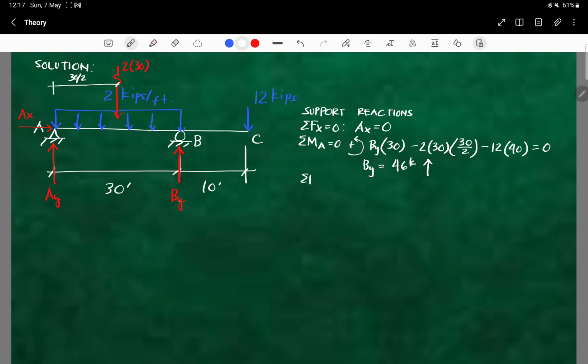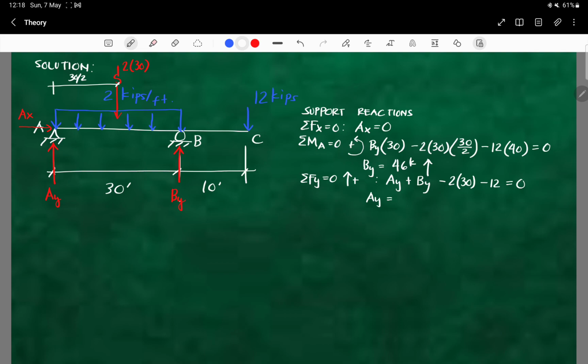And then by summation of forces vertical equal to 0, assuming this direction is positive, AY plus BY, minus the uniformly distributed load, which is 2 times 30 as its equivalent concentrated load, and we also have 12 kips at the free end. We have no other force, thus we have the value of AY.